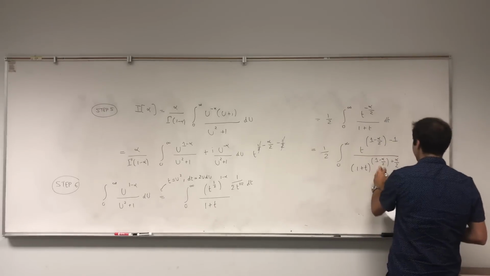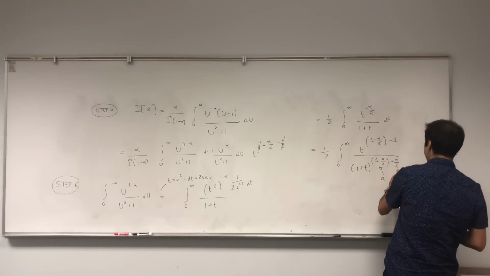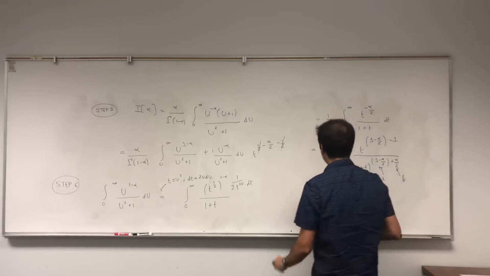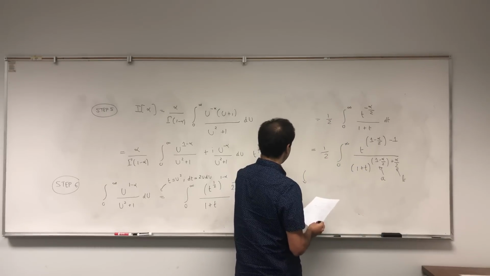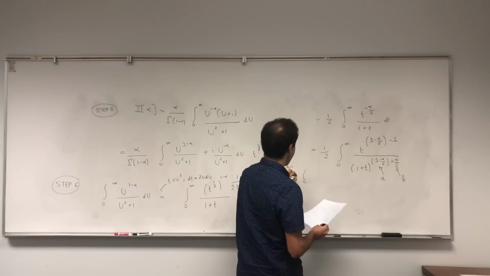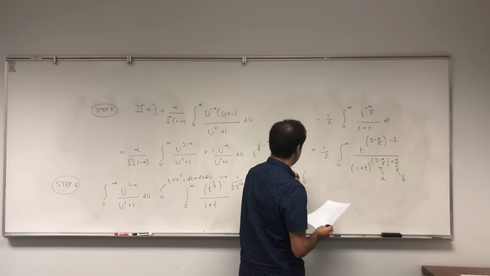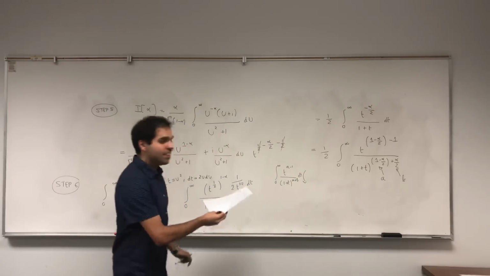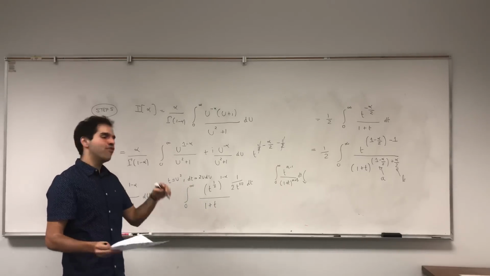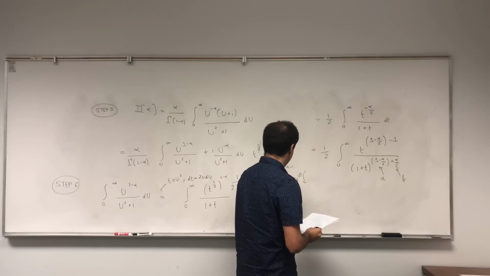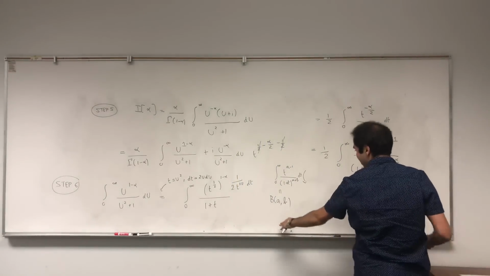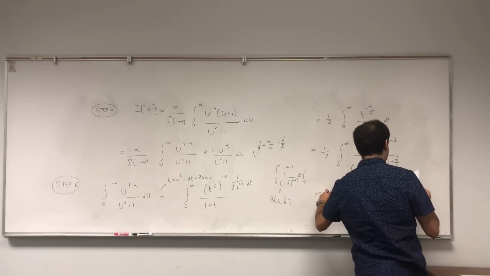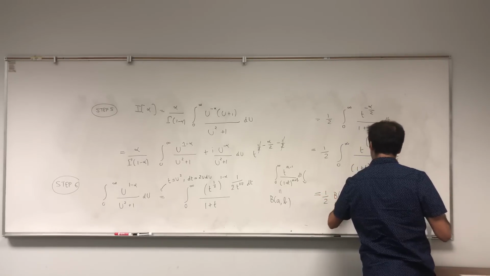So if we let this be a and this be b, then this becomes precisely of the form integral from 0 to infinity t to the a minus 1 over 1 plus t to the a plus b dt. And this is precisely one of the forms of what's called the beta function. So this is B(a,b). So that's 1/2 of B(a,b).